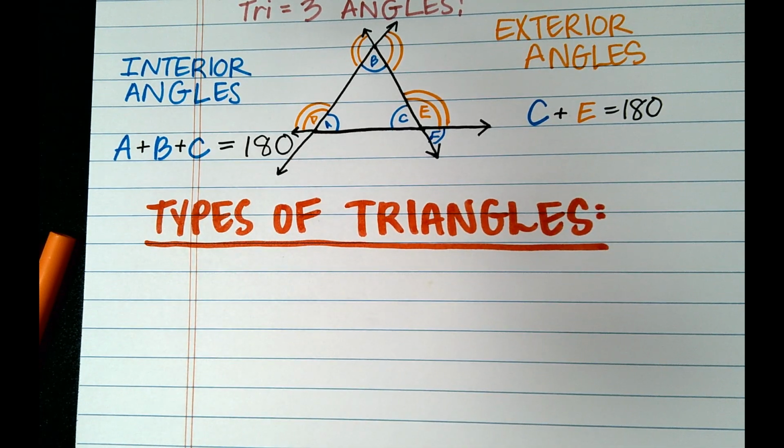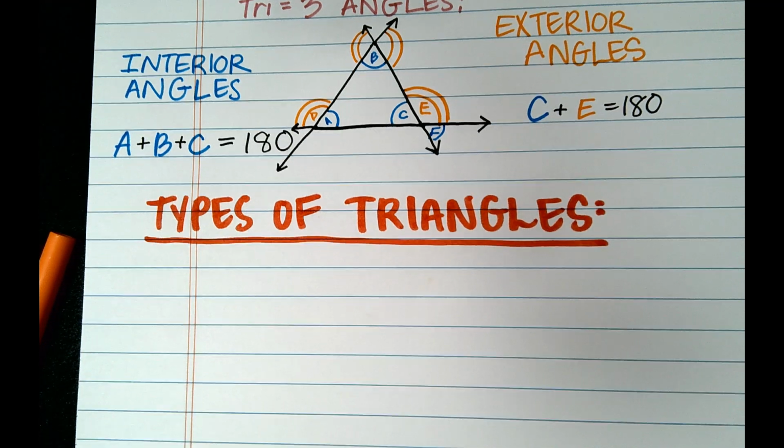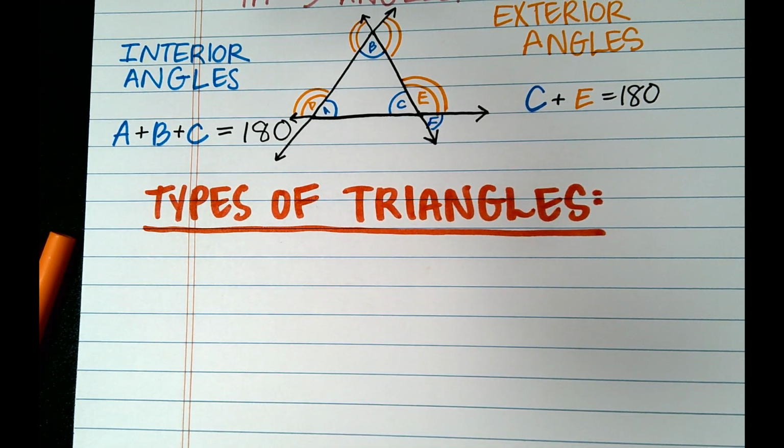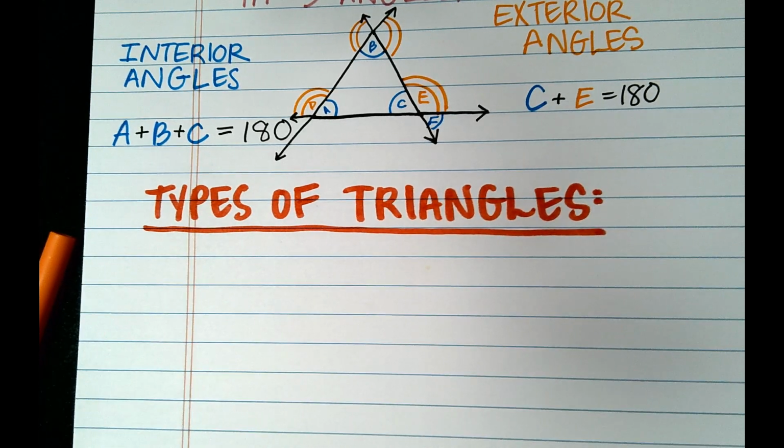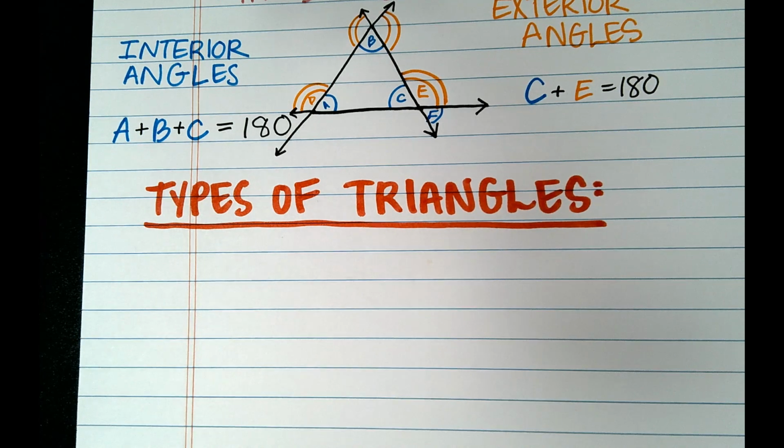In unit 1, we talked about a few types of angles. Talked about acute angles, right angles, obtuse angles, and straight angles. And with triangles, we can have 3 of the 4 kinds. There's one kind that doesn't exist.